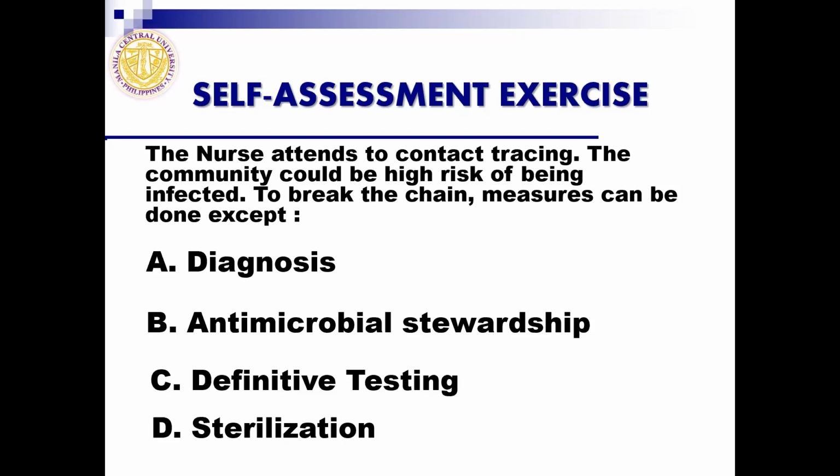When it comes to the measures that can be done except sterilization. Why sterilization? Why is sterilization not considered in this answer? Because eventually, when we already identify the type of infection, then we already identify those individuals, di ba?